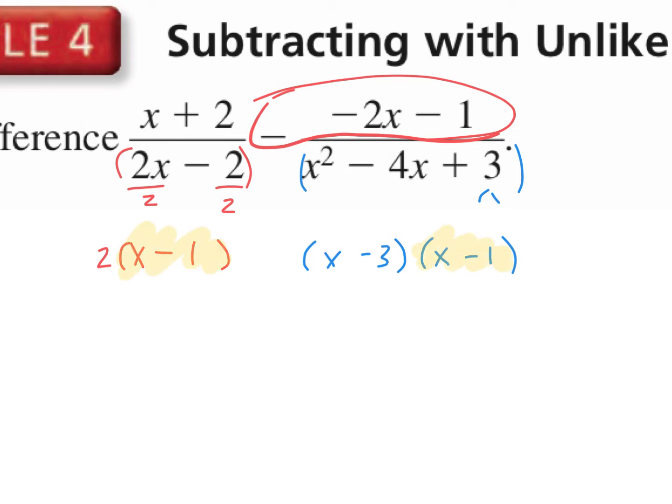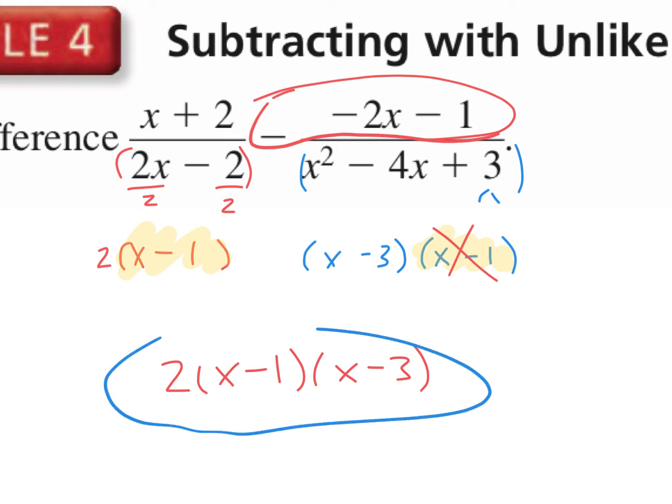So since the x minus 1 overlaps, we only include one of them. So our least common denominator would be 2 times x minus 1 times x minus 3. This is going to be the denominator of our answer.